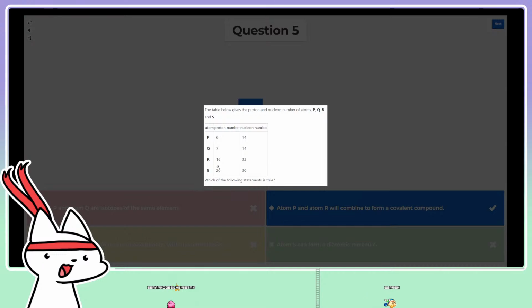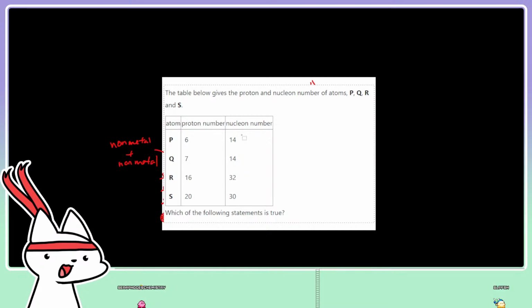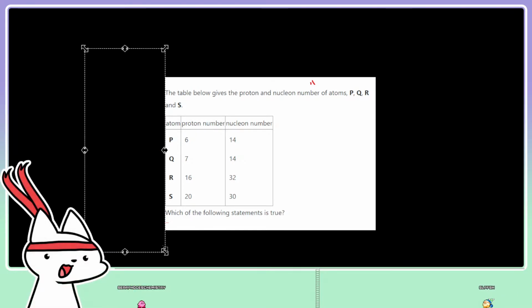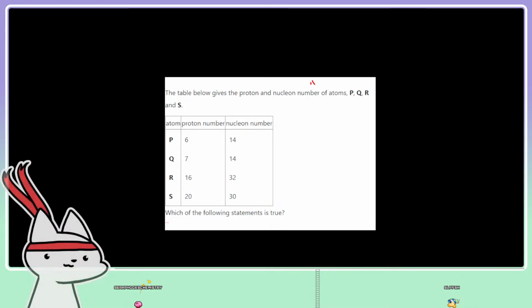However, in terms of charge, let's see. We are looking at Q and S. Q will be 2.5, that's 3 minus. S will be 2.8.8.2, so S will be 2 plus.